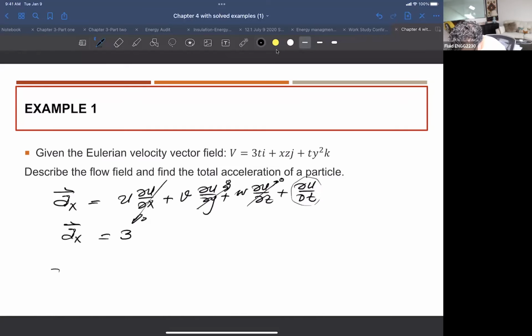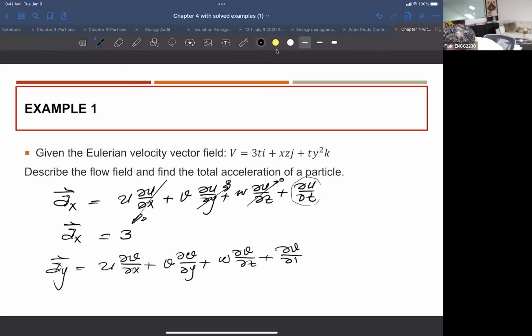Okay, ay, this vector, is u dv by dx plus v dv by dy plus w dv by dz plus dv by dt. Dv by dx, first is u, so 3t times dv by dx.